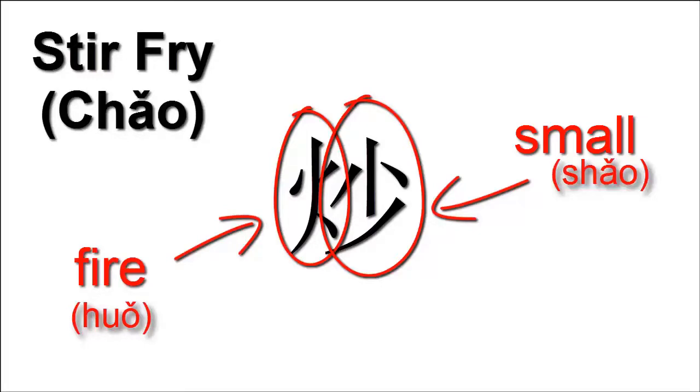But be careful, as the tones may change and the pronunciation may not be exactly the same. This kind of construction makes up around 80% of all characters in Chinese. As you can see, it is important to recognize some basic radicals. They will enable you get a rough idea of the meaning of the whole character.